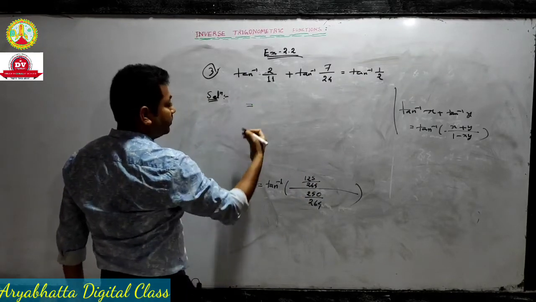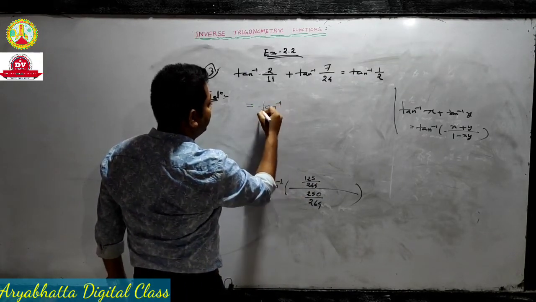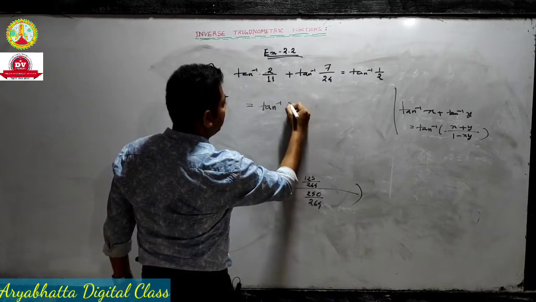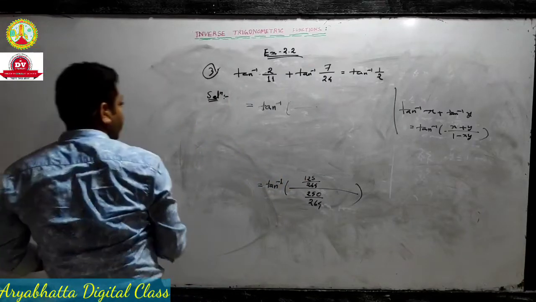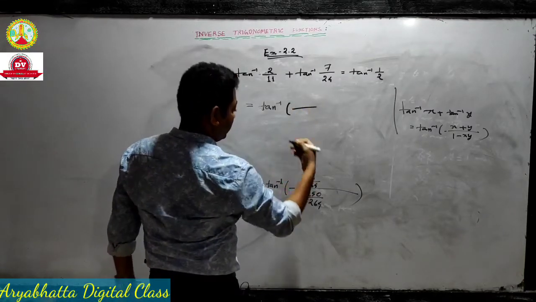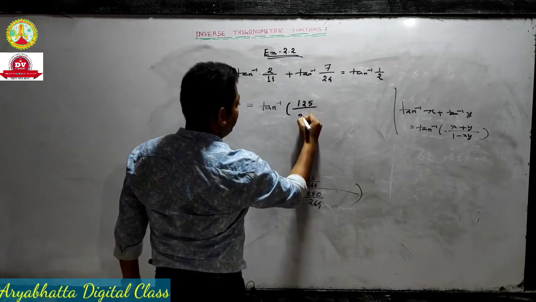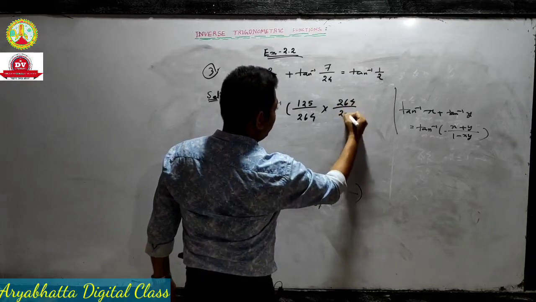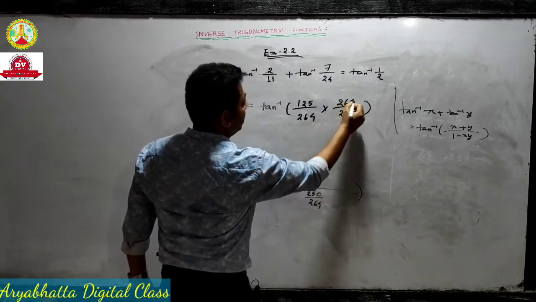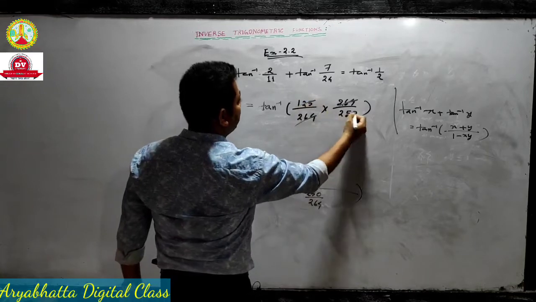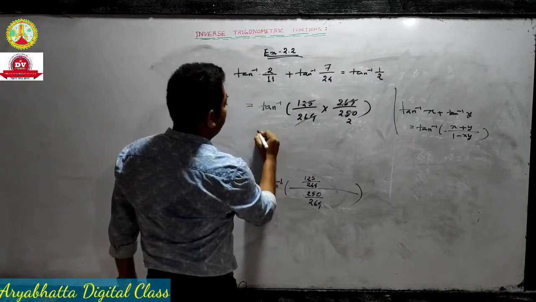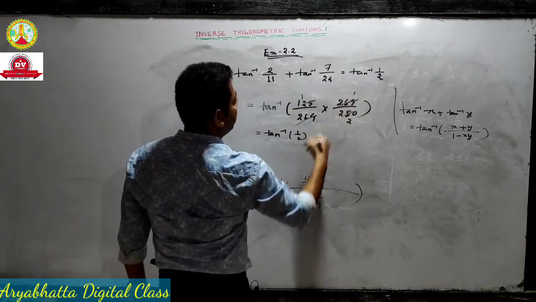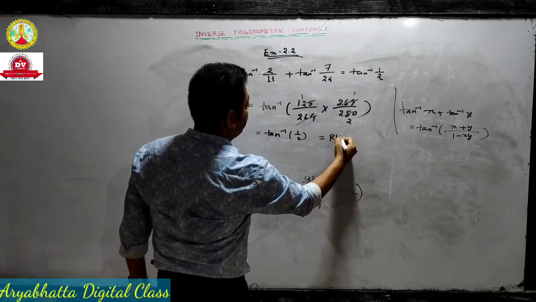This is equal to tan inverse 125 divided by 264 into 264 divided by 250, which is equal to tan inverse 1 by 2, which is equal to the right hand side.